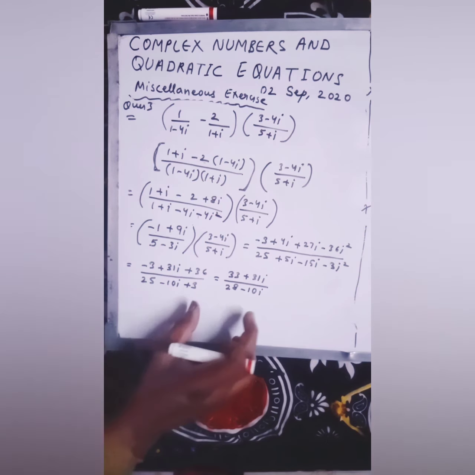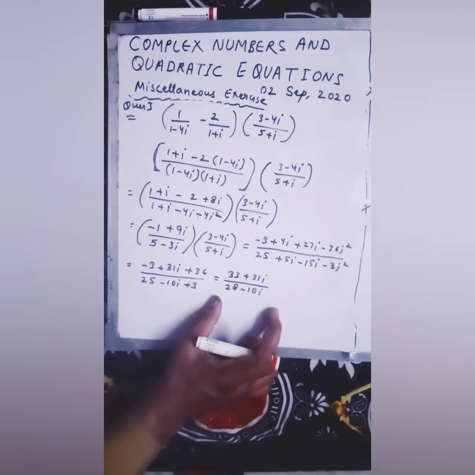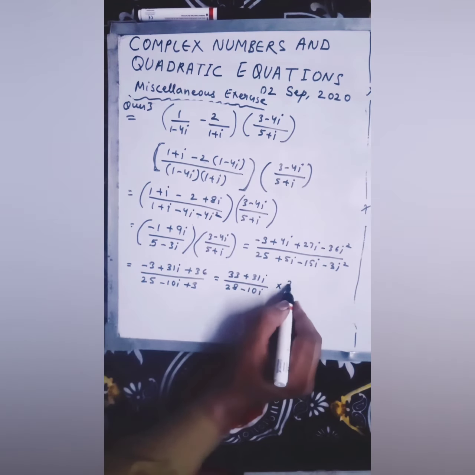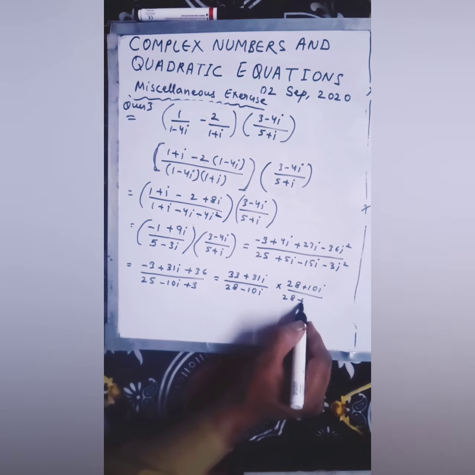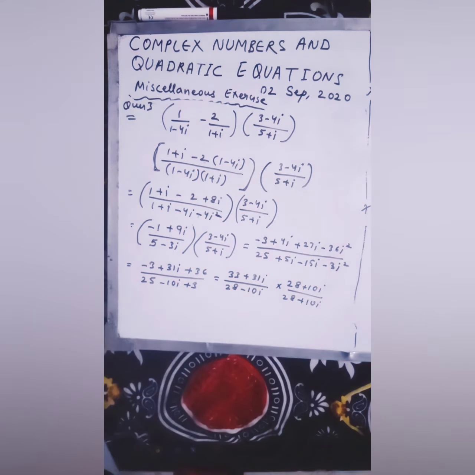After solving you will get this step. Now you have to just rationalize it, and you will get 28 plus 10 iota, 28 plus 10 iota. And now you just have to multiply these values.